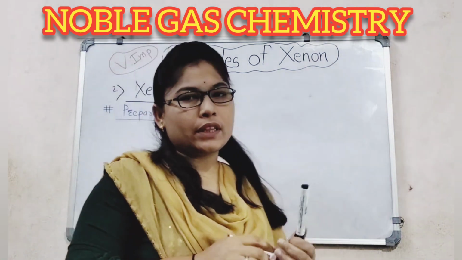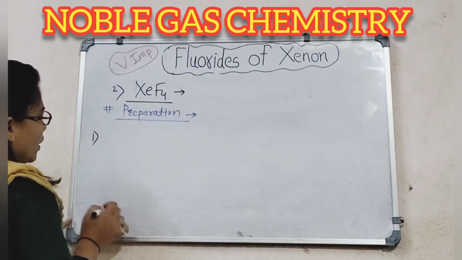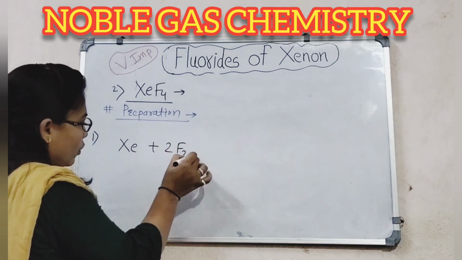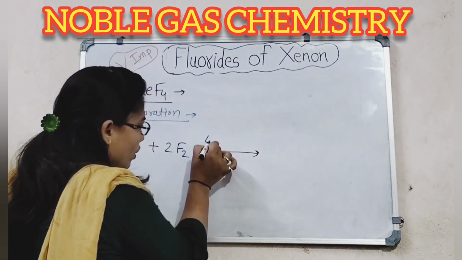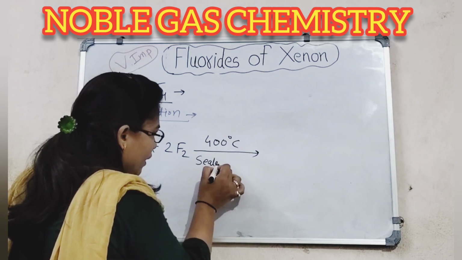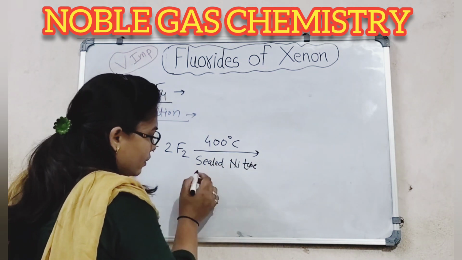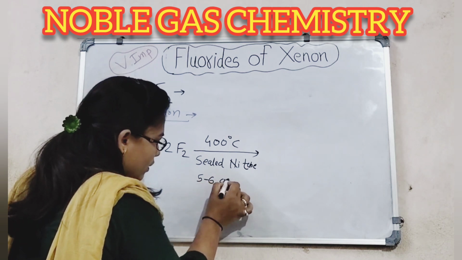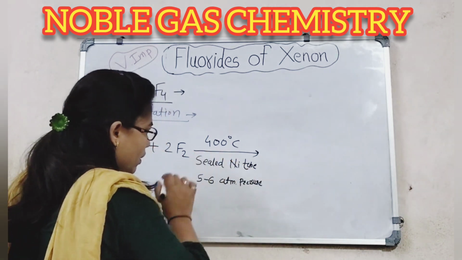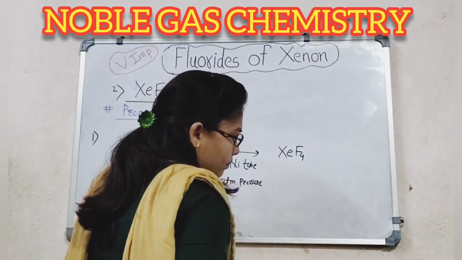There are two different methods of preparation, in which first is xenon tetrafluoride is prepared by heating a mixture of xenon and fluorine at 400 degrees Celsius in a sealed nickel tube at 5 to 6 atmospheric pressure. Then we get xenon tetrafluoride.